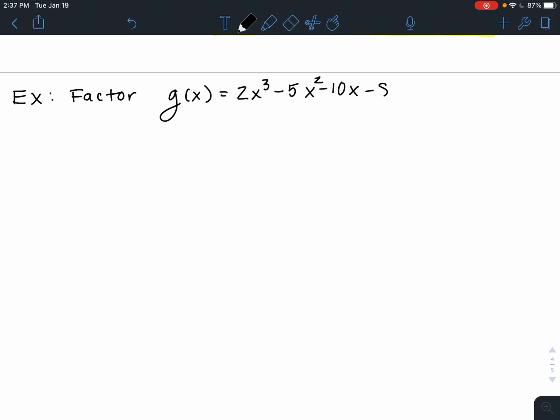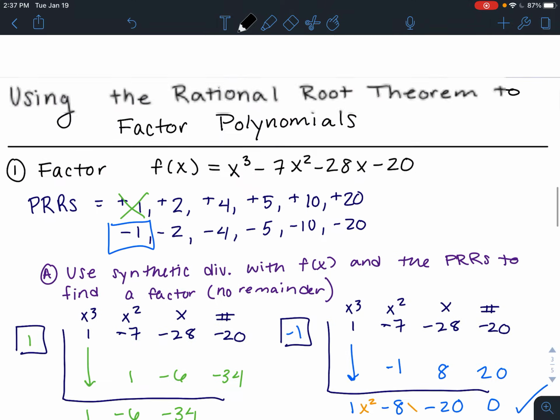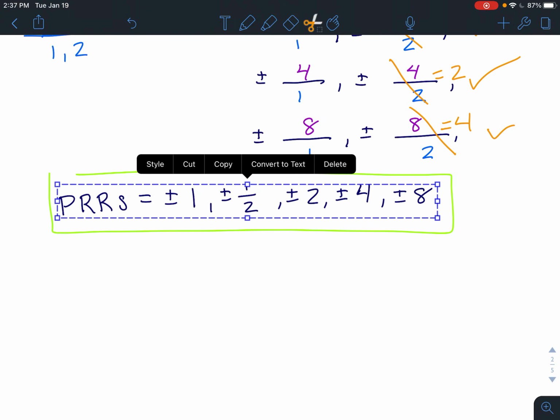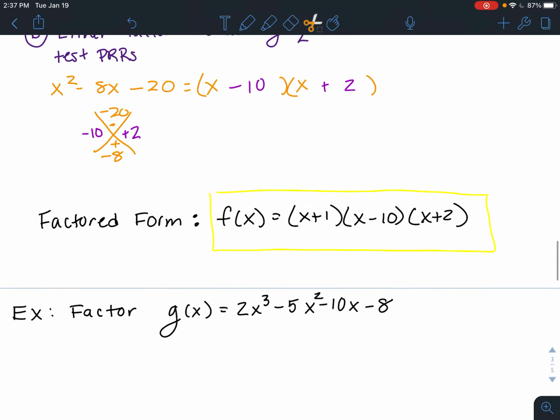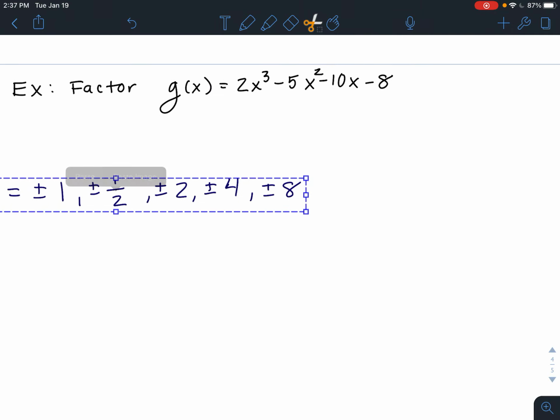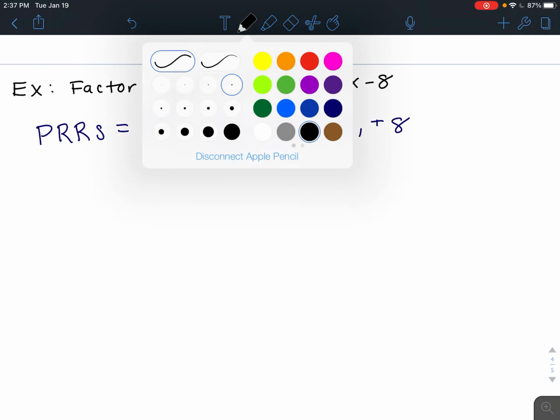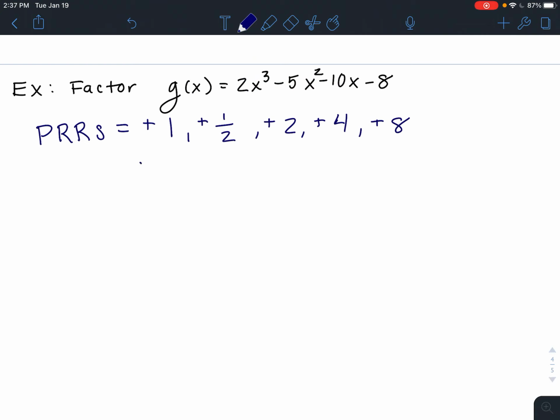So what I'm going to do is just scroll up and get our PRRs from the previous video. Right, and all I'm going to do is double write them so that I have my list ready to go. So I can also have negative 1, negative 1/2, negative 2, negative 4, negative 8.